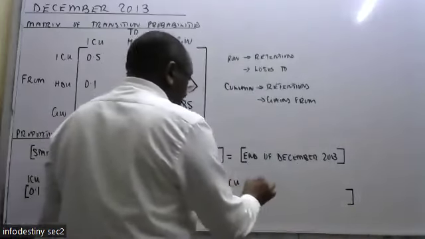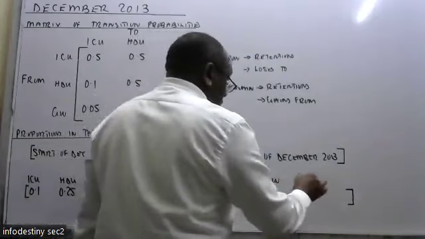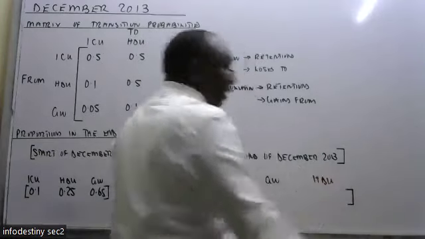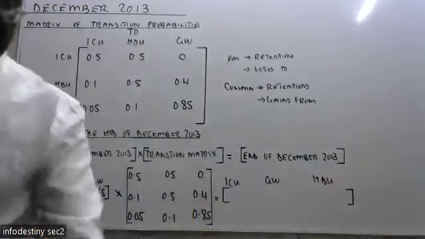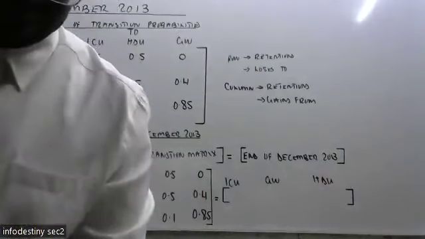This is the ICU, the general ward, and the high dependency unit. So multiply, and then you give me the answers.